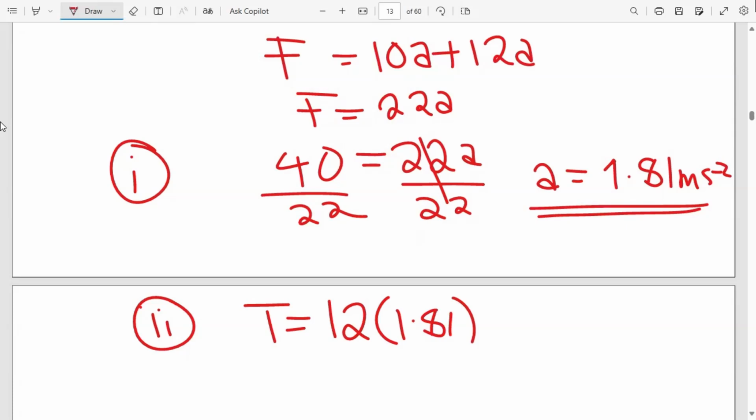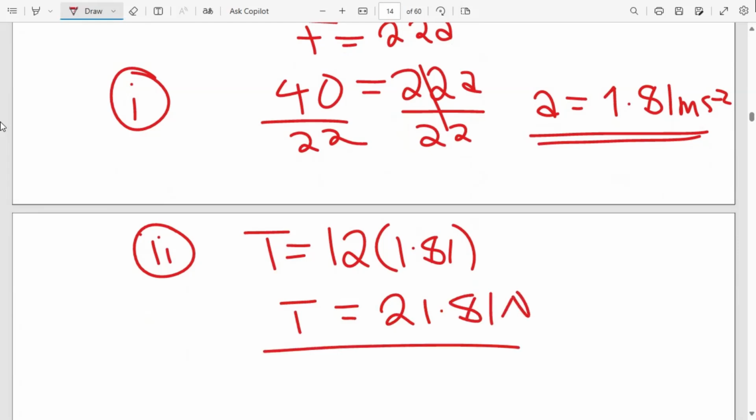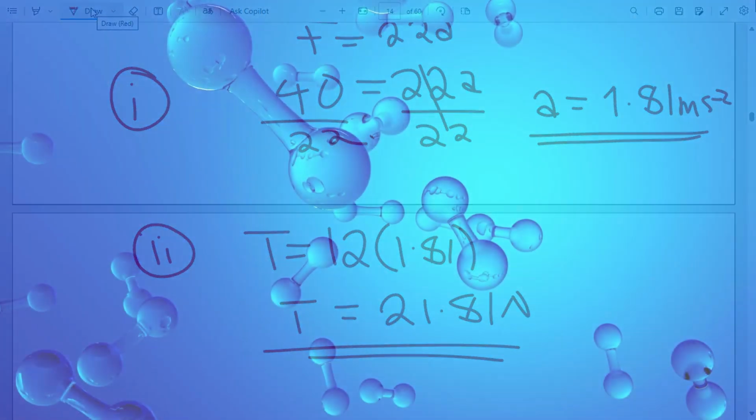That multiplied by 12, our tension in the string is equal to 21.81 newtons. So the tension that we are having in the string is 21.81 newtons. And that means we're done with question A, or question 2A.